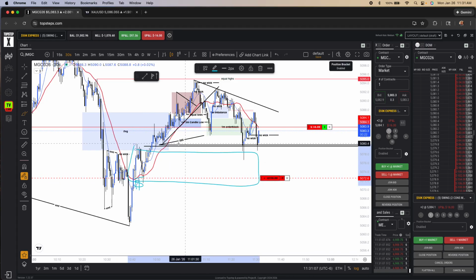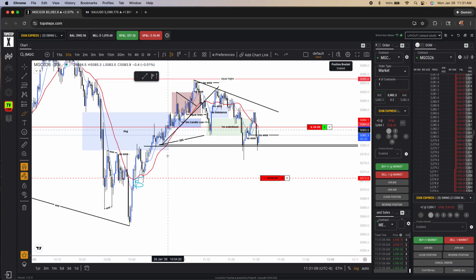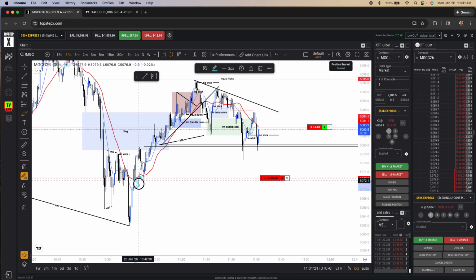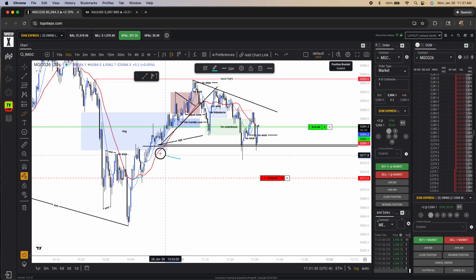And this is kind of like the same setup that I showed you earlier. We have accumulation, manipulation. We start to push to the upside, and then we come back down, we sweep, and then we go back up. But the only thing is there's no imbalance in this area, but there was, I believe, right here.